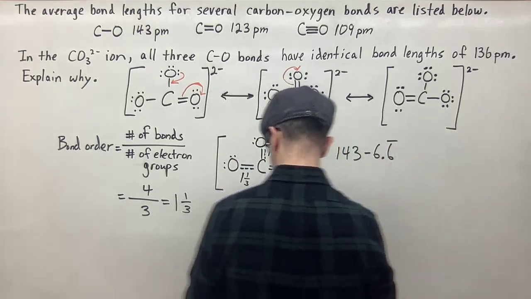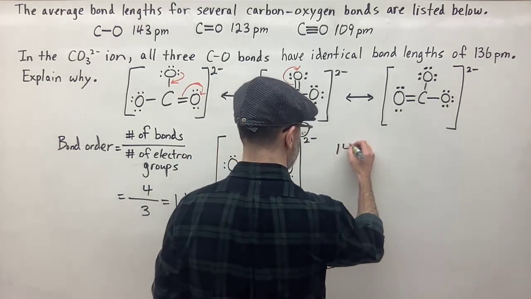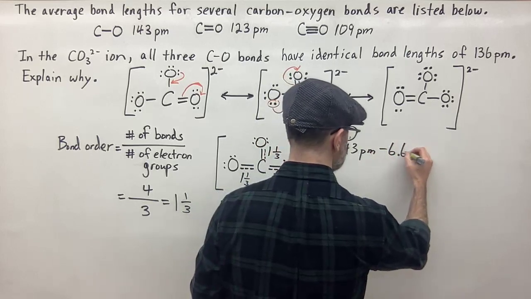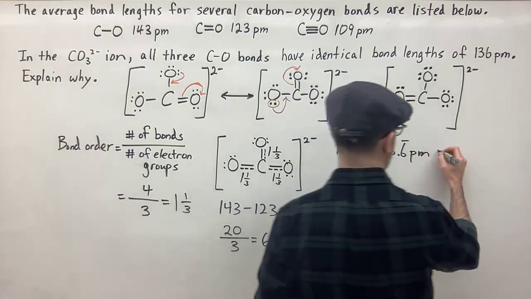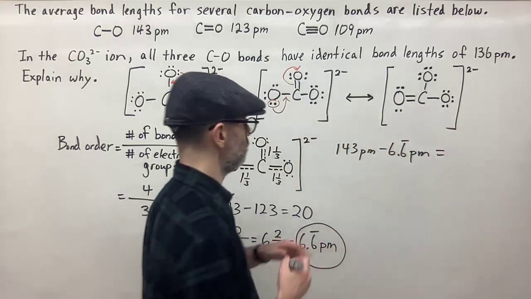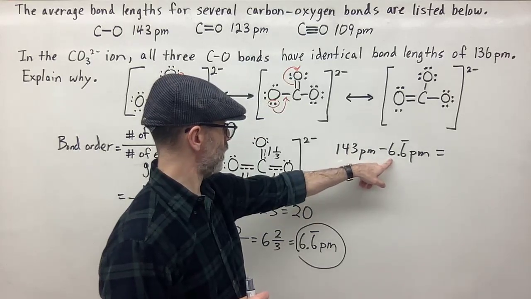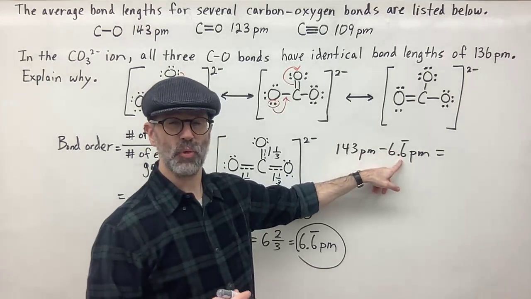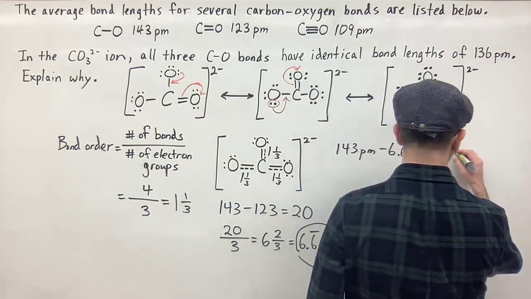So that's 143 picometers minus 6.6 continued picometers. And that's going to give us 143 minus 6 is going to be 137, minus 0.6 is going to be 136.4.